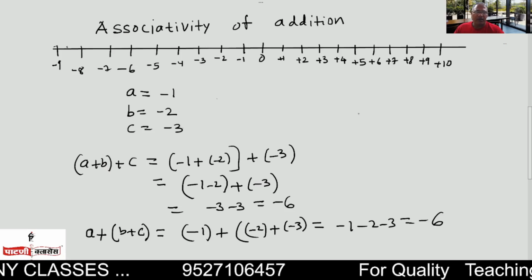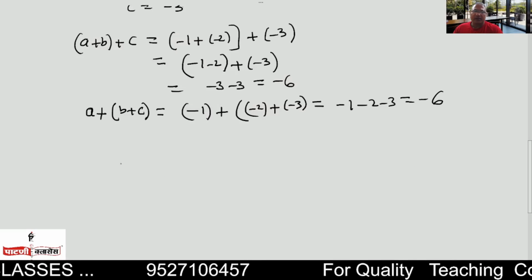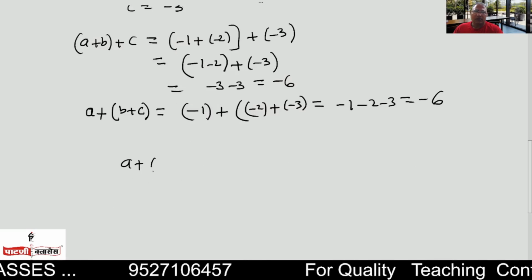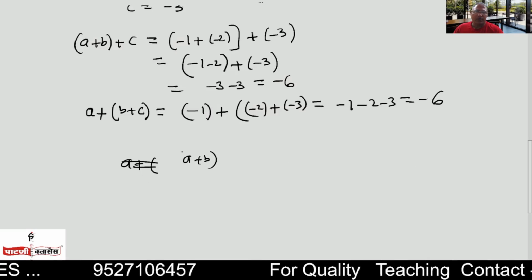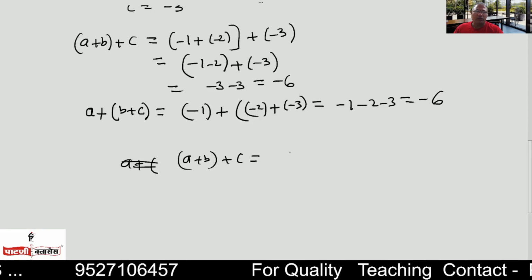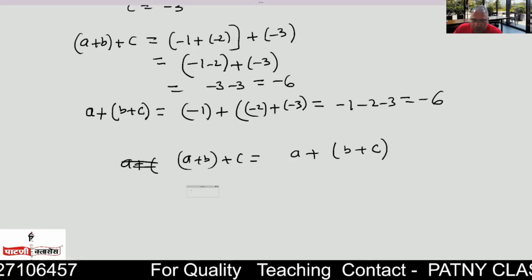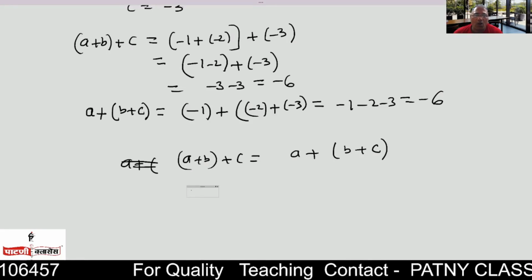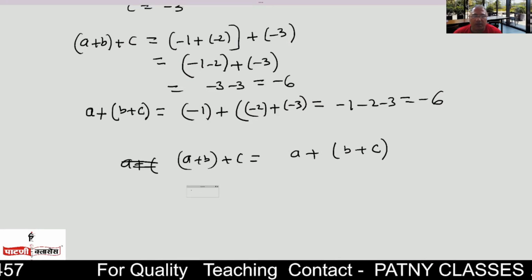We find that a plus (b plus c) is equal to (a plus b) plus c. Thus, the law of associativity of addition in the case of real numbers is true.